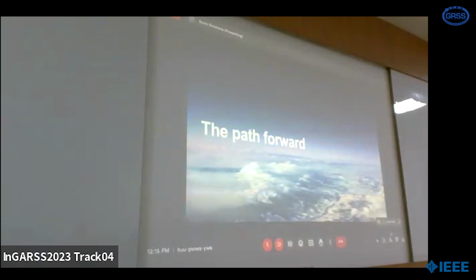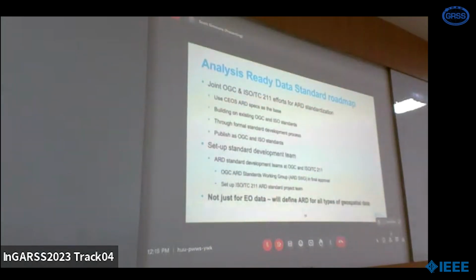The presenter after me will have a whole lot more information in these details. We've adopted a new analysis ready standardization effort jointly with ISO Technical Committee 211, ISO TC 211. That's the group that met last week in Delhi.